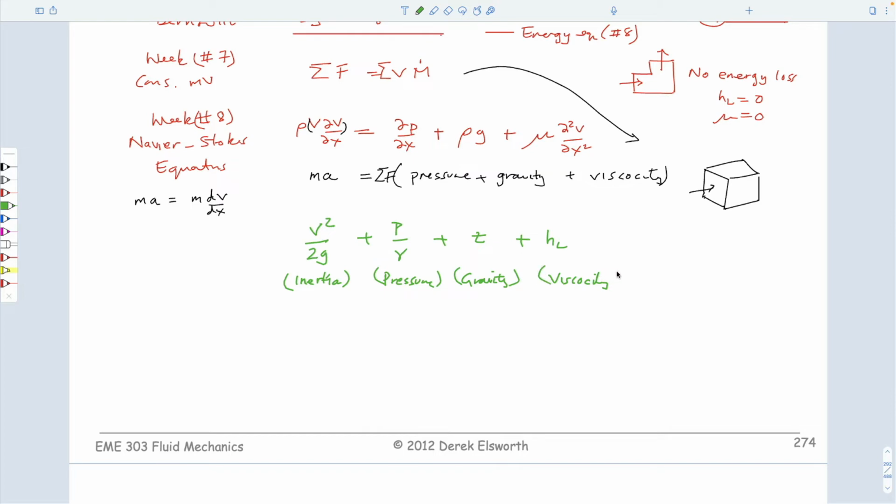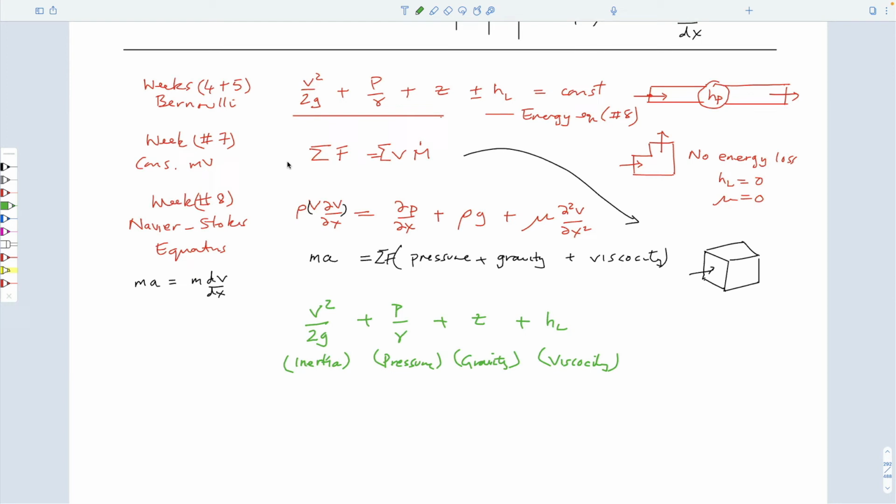All I'm doing is making the point that everything we've talked about has been predicated on Newton's second law. All the stuff we talked about on statics was also predicated on Newton's second law. Even when we derived the equations for how pressure changes as you go down in depth, we turned most of the terms off, but it was Newton's second law.